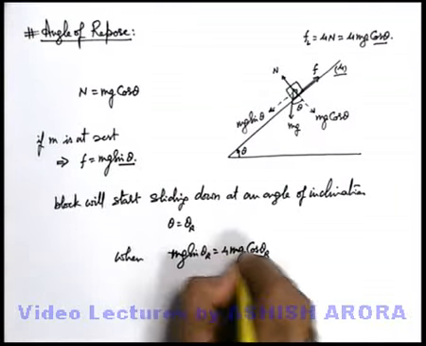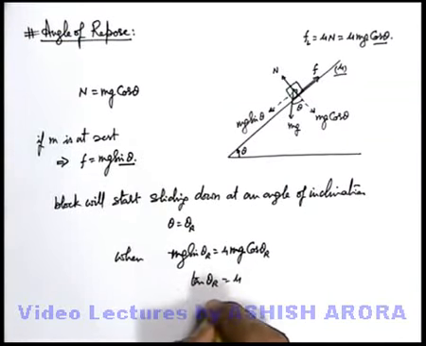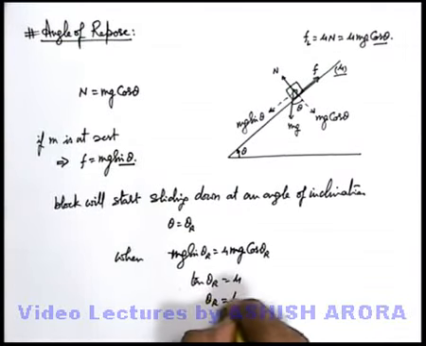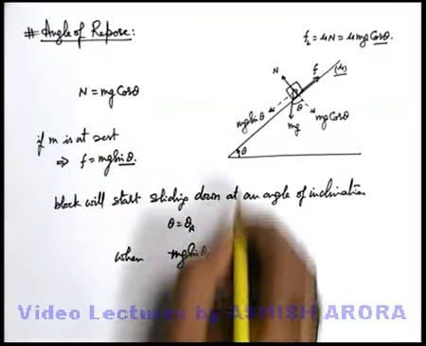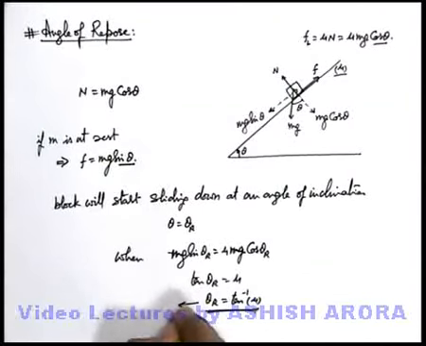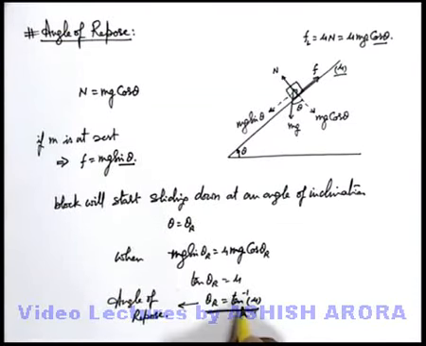Here mg gets cancelled out and we can write tan theta r is equal to mu, or theta r can be written as tan inverse of mu. This angle at which the body just starts sliding we call angle of repose. You can see the numerical value of angle of repose is equal to angle of friction.